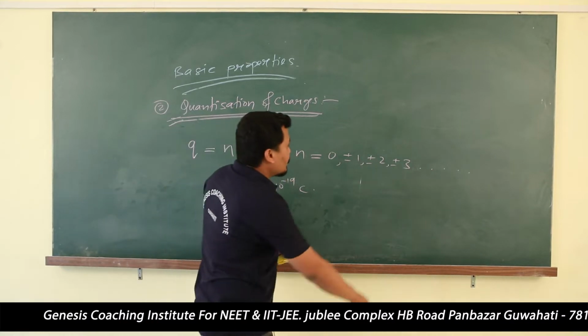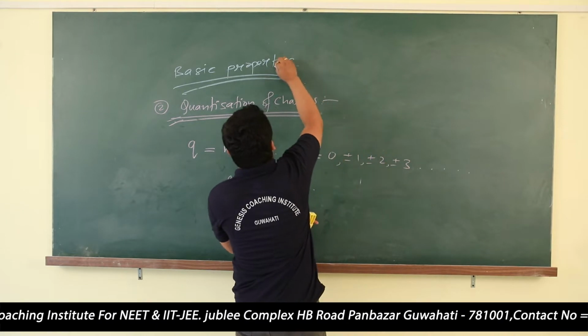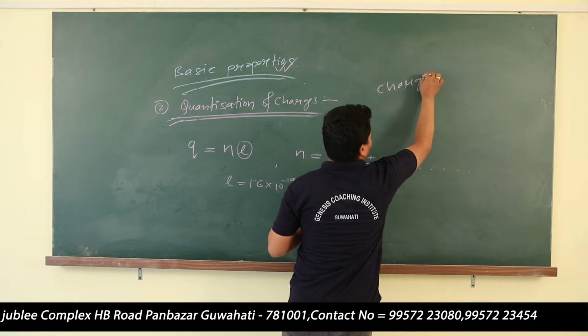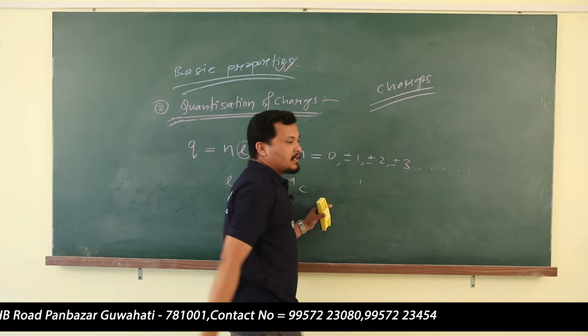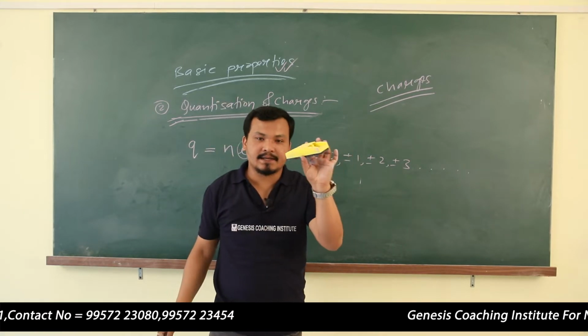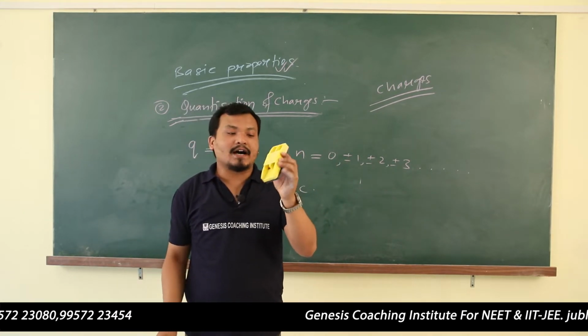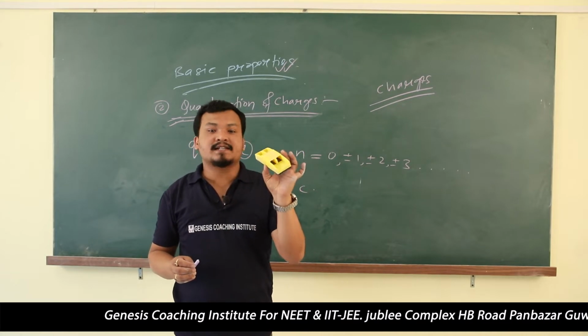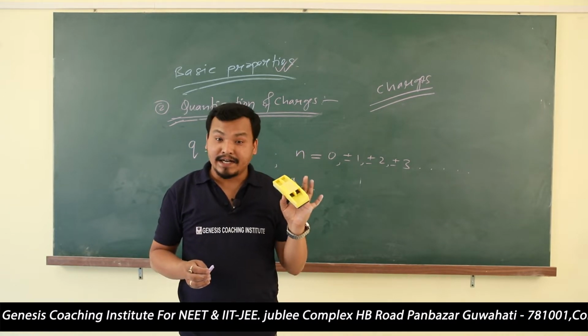That means when charges are produced, again, how are charges produced? By using the process of rubbing. Suppose this is the plastic, when we rub this plastic with a woolen cloth, then this plastic acquires a charge, a negative charge.